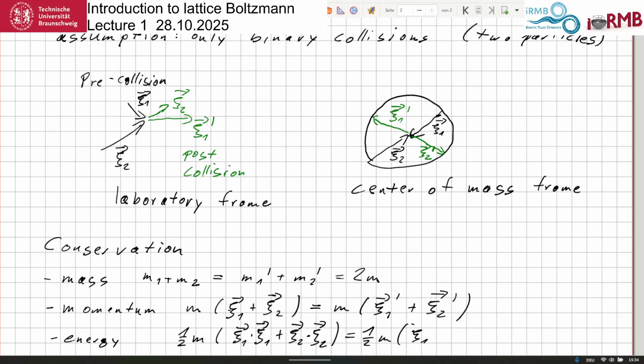So we have c1 dash times c1 dash plus c2 dash times c2 dash, scalar products. Okay? There is something else conserved, which we are not concerned with. Due to the symmetry that this happens in a plane, also the angular momentum is conserved. But this is kind of not considered here. This is geometrically conserved. Yeah.